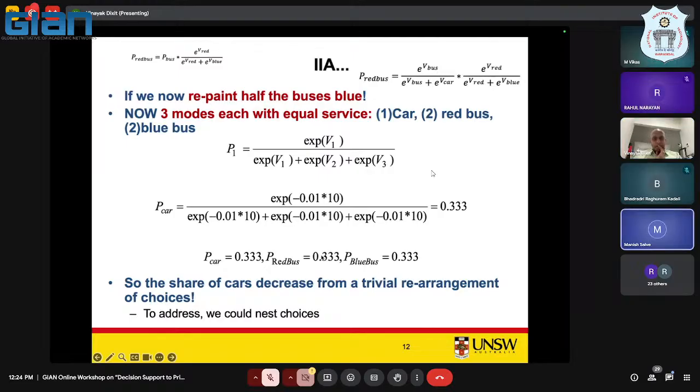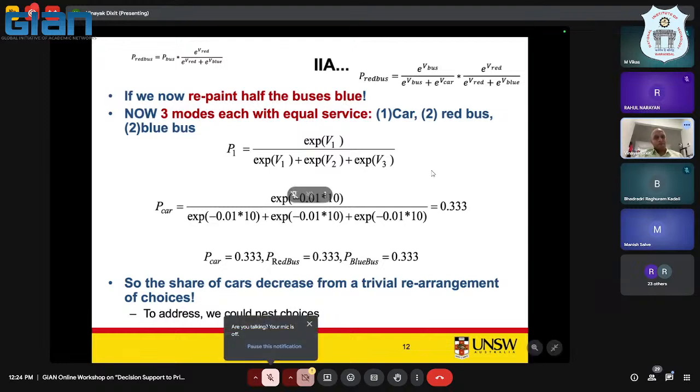Yes. So what has happened? By just putting it as blue, we have increased the modal share. Does that make sense? No, sir, we have just changed the color, but the capacity of that bus or car will be the same.